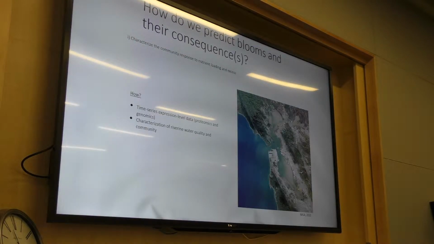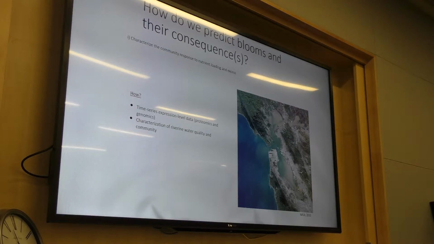That would all be accompanied by a time series field data set collection, where I would make use of existing USGS sampling sites in these bays and along the San Joaquin River to look at protein and gene level expression of microbes in river and in estuarine and these bay community areas to see how they are responding to nitrogen and phosphorus excess and how that response changes over time as flow conditions and nutrient availability is changing.